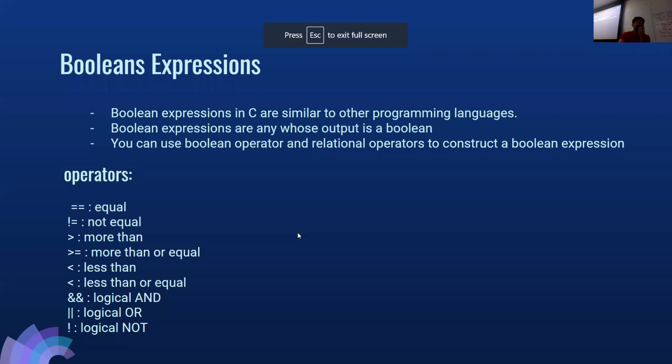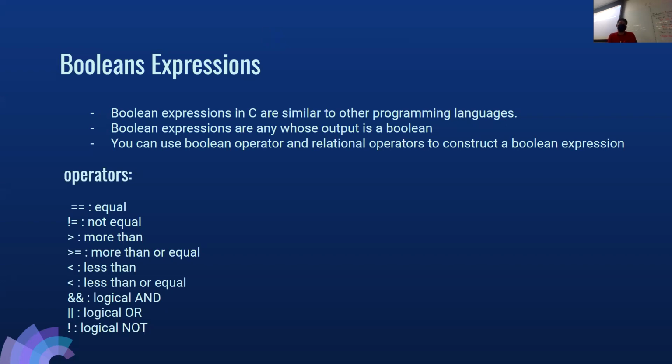So there are different Boolean operators that you can use: equal, not equal, more than or equal, and so on. And you can use those to structure code and do if statements. A good example for robots is, if a sensor is equal to this value, I want the robot to do something.